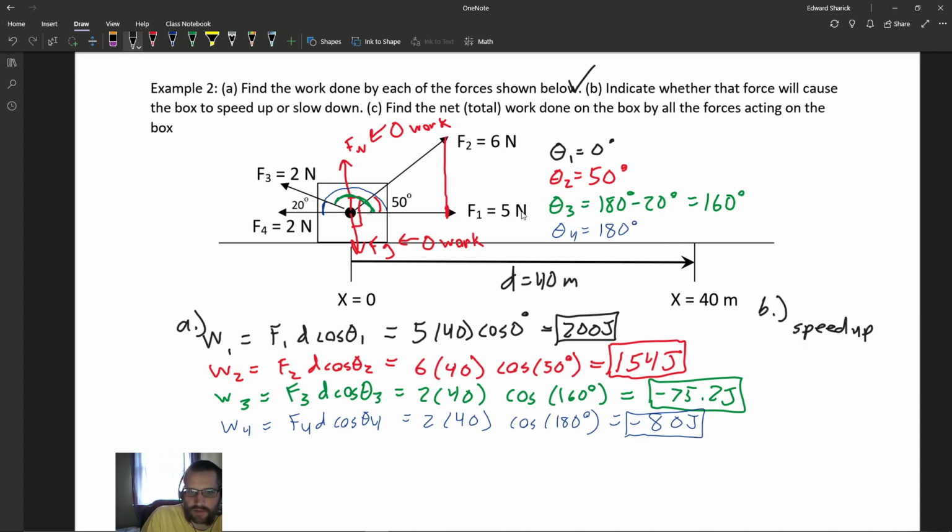So it's going to cause it to speed up in that direction. Force 2 is also going to cause it to speed up. Force 3, which is going to the left because it's doing negative work, will cause it to slow down. And force 4 will also cause it to slow down.